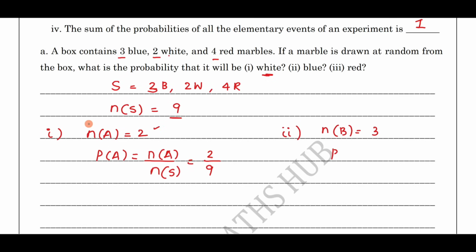Therefore, the probability of event B is n of B by n of S. It is 3 by 9. If you want to simplify, you can simplify. Otherwise, you keep 3 by 9 as it is. 3 ones are 3, 3 threes are 9, so 1 by 3.